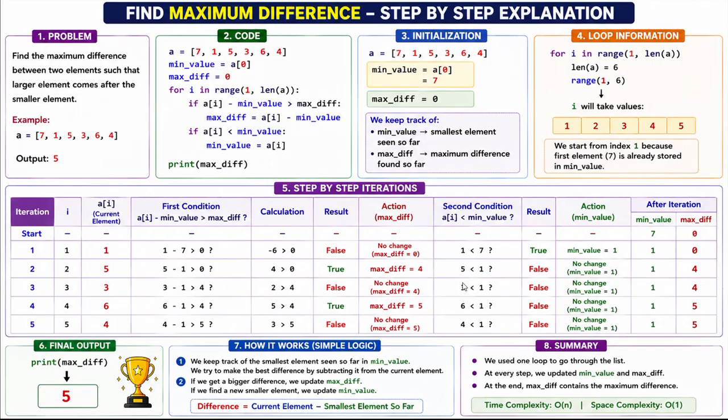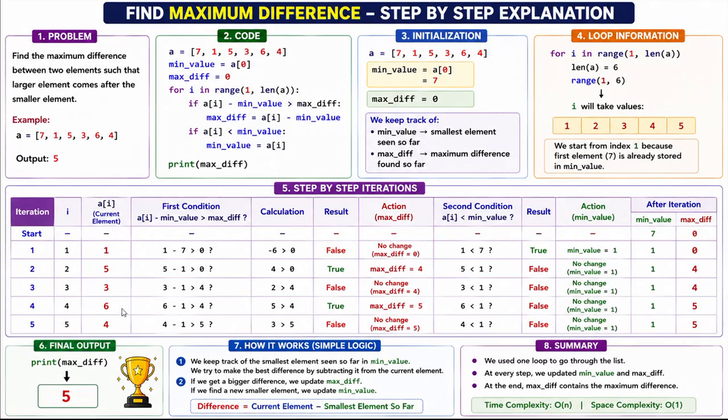Now the second condition: a of 3 means 3, less than the minimum value 1? 3 less than 1, false. So there is no change. The minimum value is 1 and the maximum difference is 4 only.